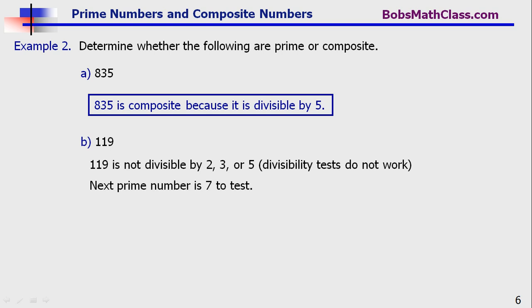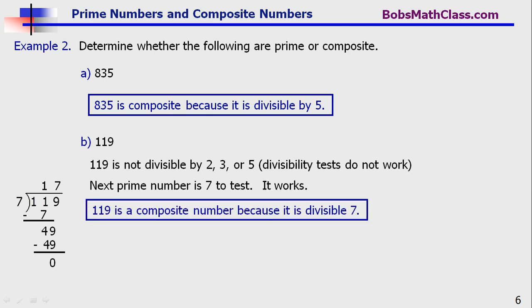So next is 7. Let's divide this by 7 and see if 7 divides evenly into the number. It does. So therefore, it is a composite number because it is divisible by 7.